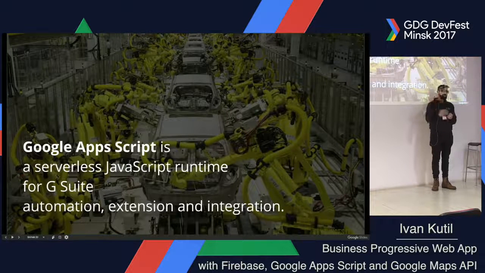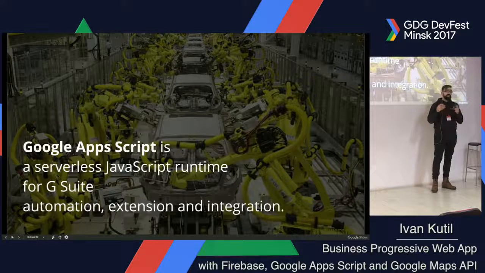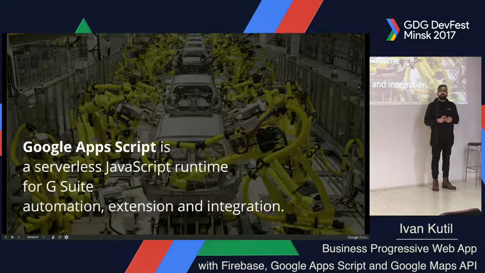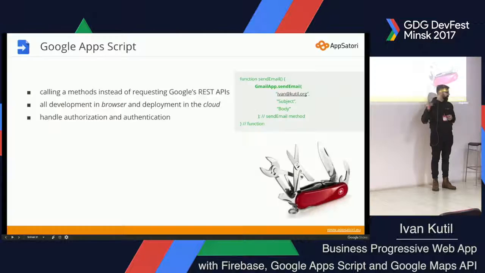It's for G Suite, but not only, and it's for automation, so you can automate your business processes. You can extend your Google spreadsheets, documents, slides, forms, or integrate among your Google APIs.